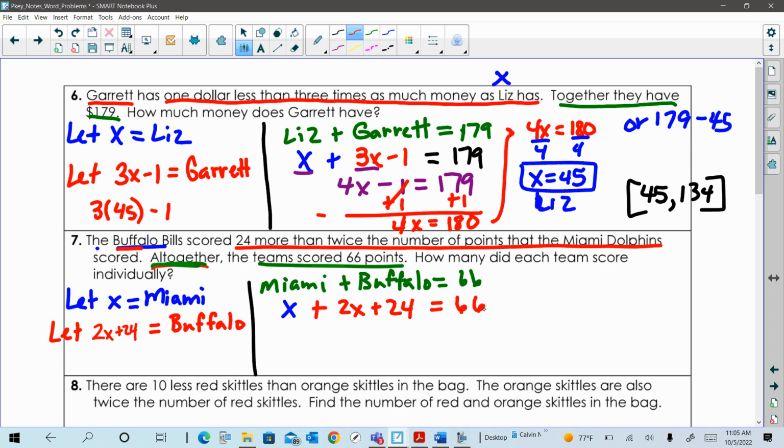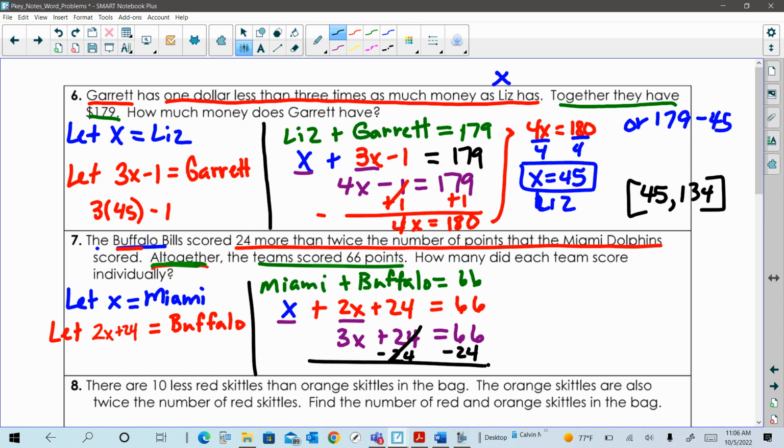All right. What's our step here to solve it? Combine like terms. That's our x's. This really becomes 3x plus 24 equals 66. Good? What should happen now? Subtract the constant, the 24, on both sides.